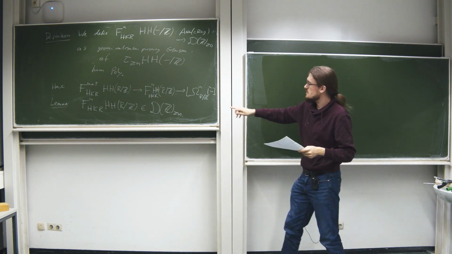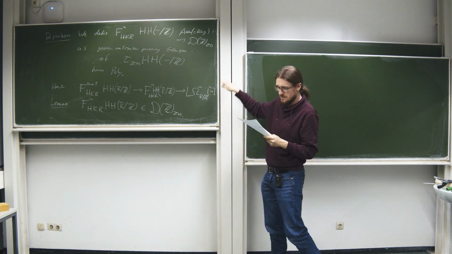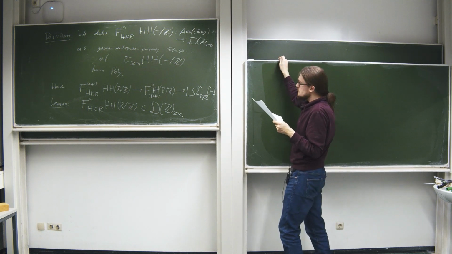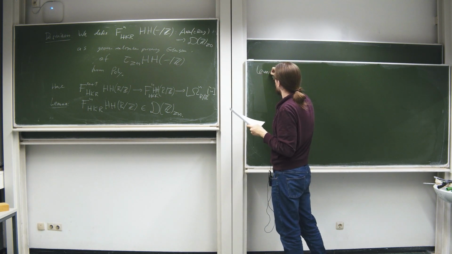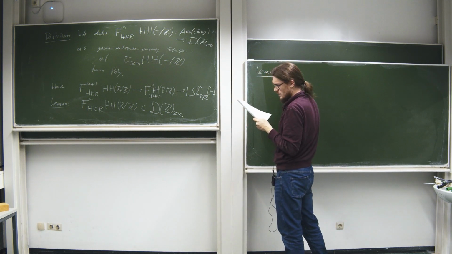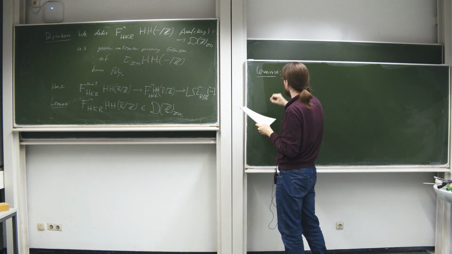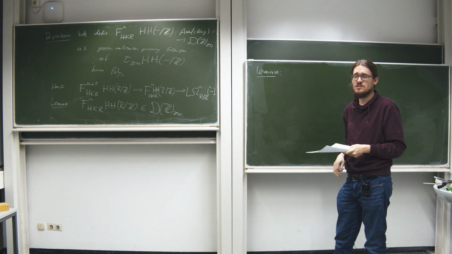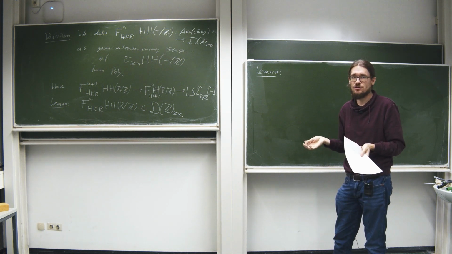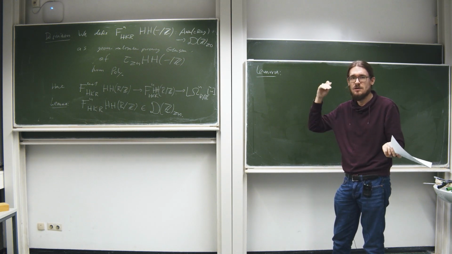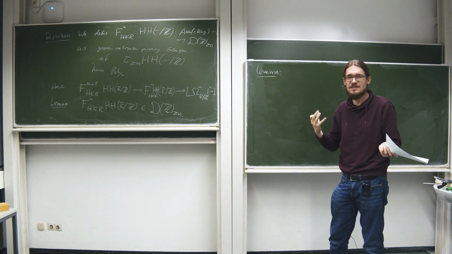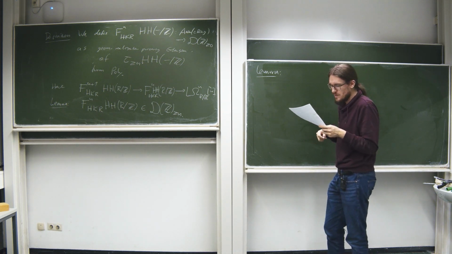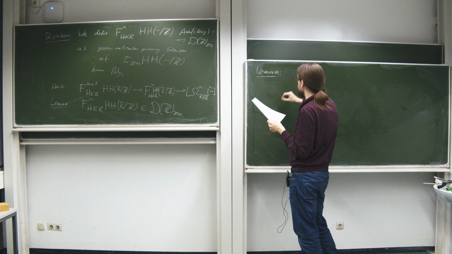So what about this guy? What does this guy look like? One thing that you might be used to from usual derived functors is that if you start with, say, a right exact functor and you left derive it, then the zeroth derived functor is just the functor you started with. Something like that happens here too.